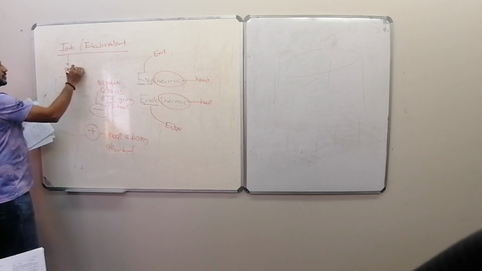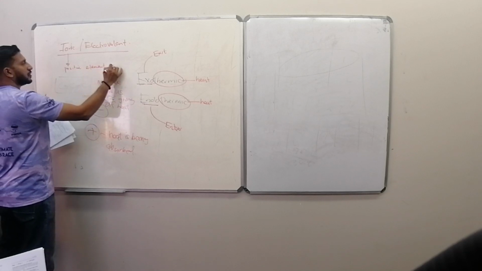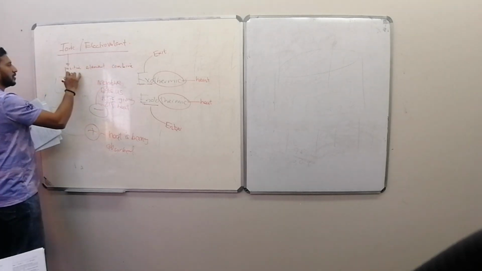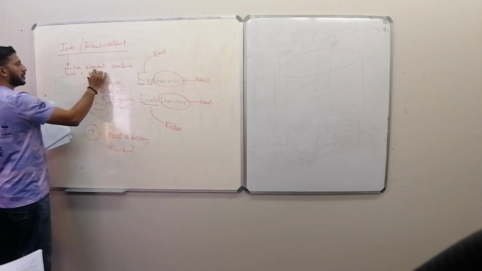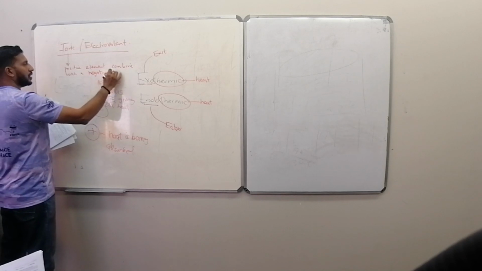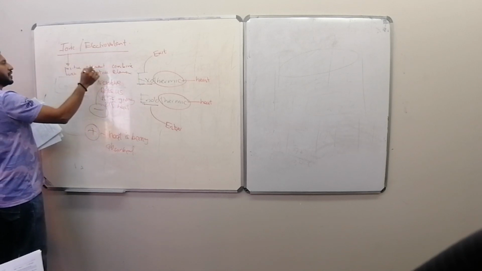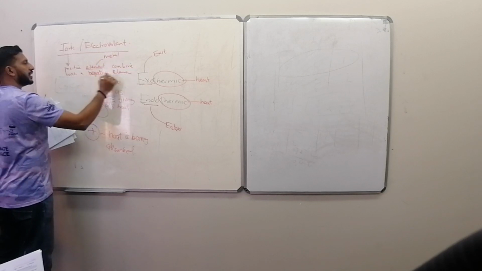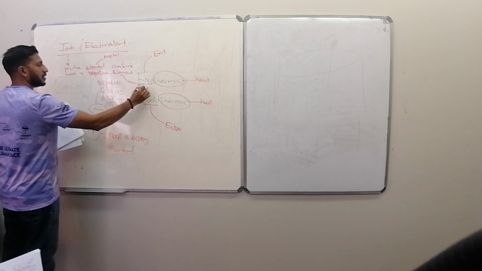positive element combines with a negative element. Right, and the positive element is usually a metal, while the negative element is a non-metal.